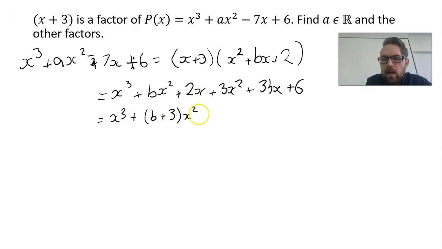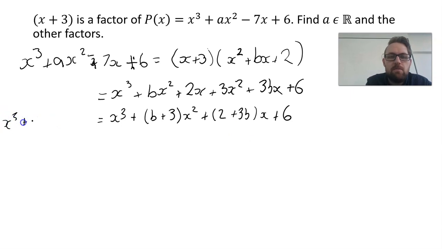And we can do the same for our x's. So in front of our first x, we've got a 2. And we have also got a 3b in front of our other x. Plus 6. All right, so now we have to equate both sides, just as we did before. And I'm just writing it in so it's a little bit easy for us to see.